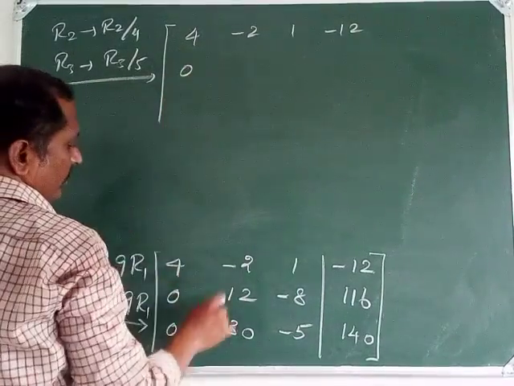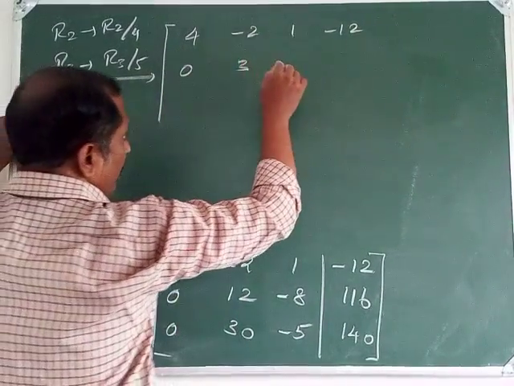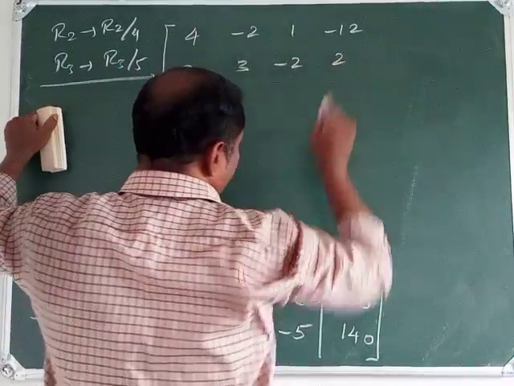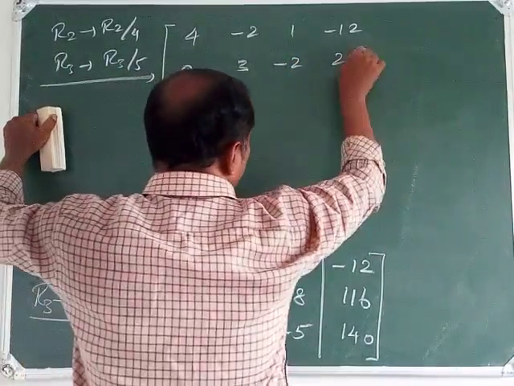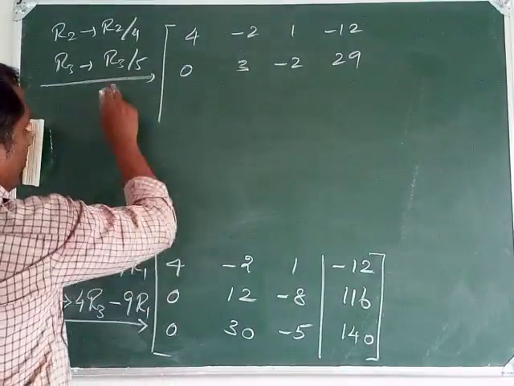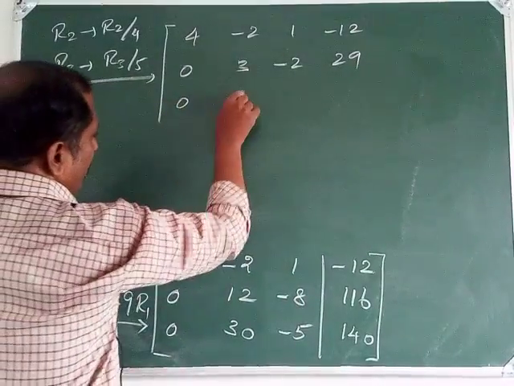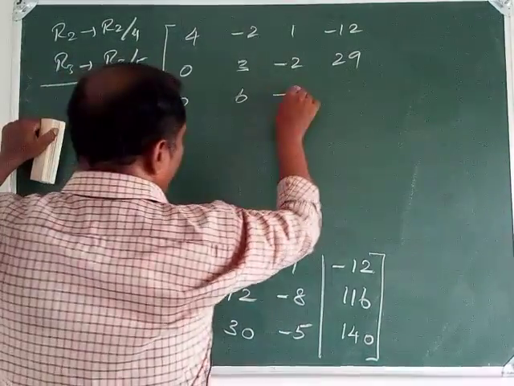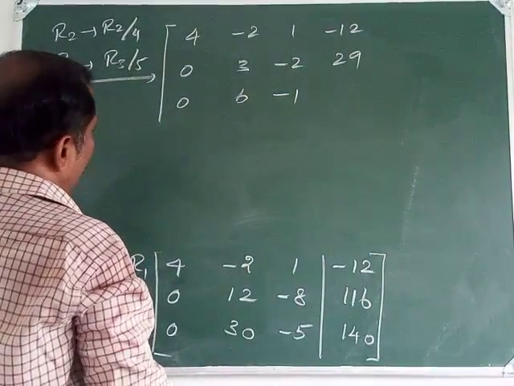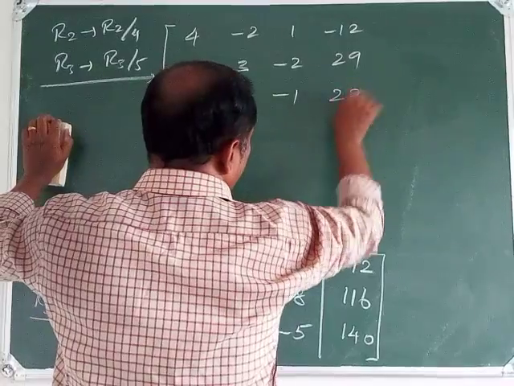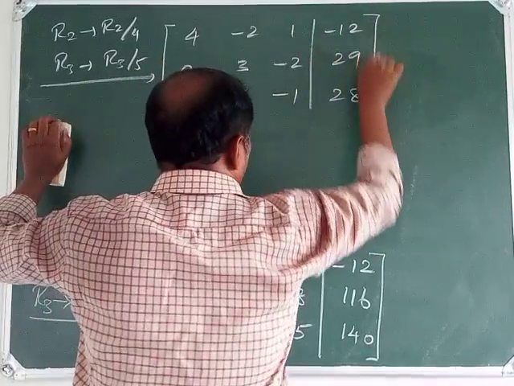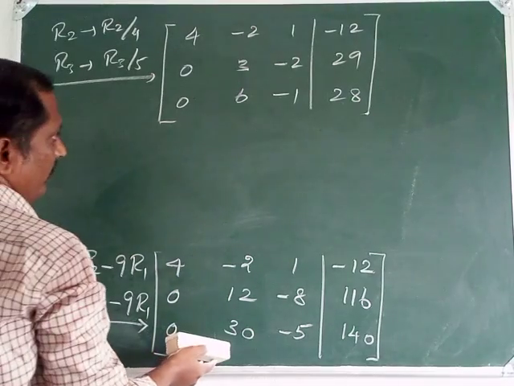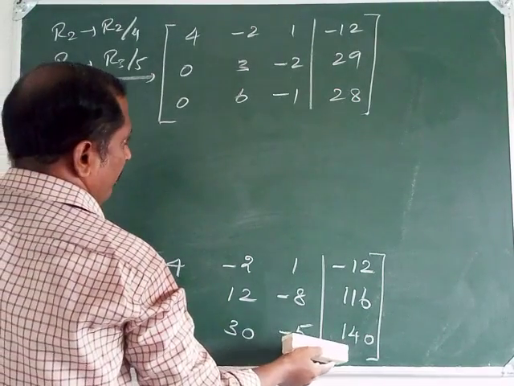So 0, 12 by 4 is 3, minus 8 by 4 is minus 2, and 116 by 4 is 29. Third row divided by 5: 0, 6 5s are 30, minus 1, 2 5s are 10, 8 5s are 40. Is it an equivalent form? No, it is not an equivalent form.